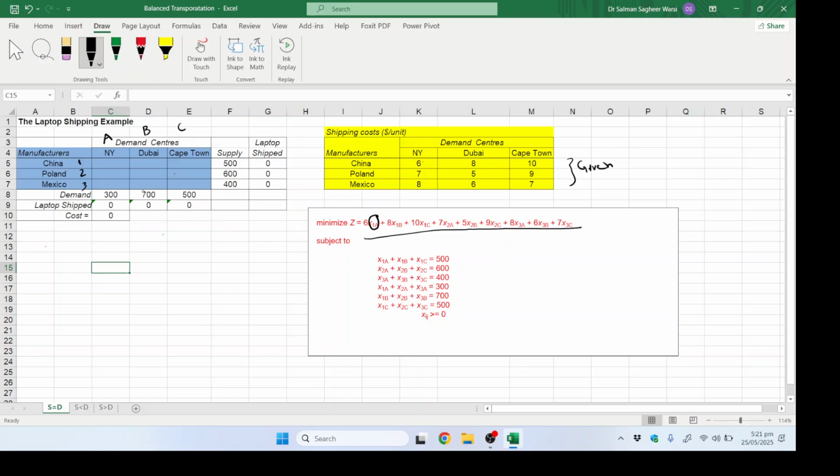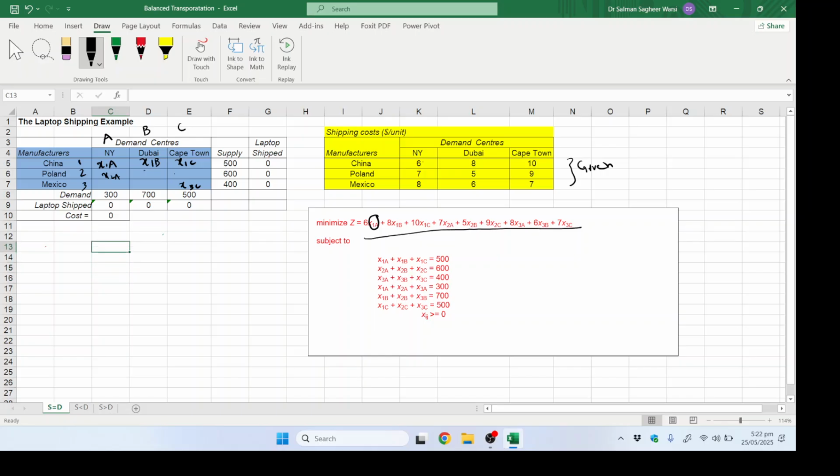So this one is x1a, this is x1b, x1c, and then x2a, and so on, and this last one is x3c. We will make these two tables like this.